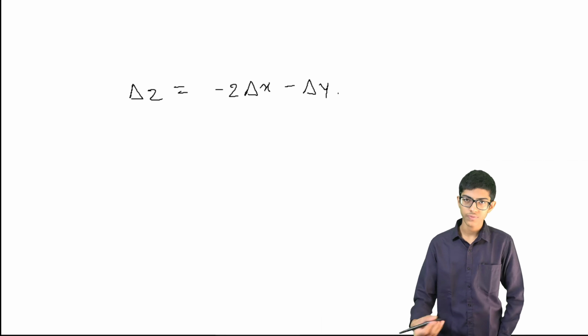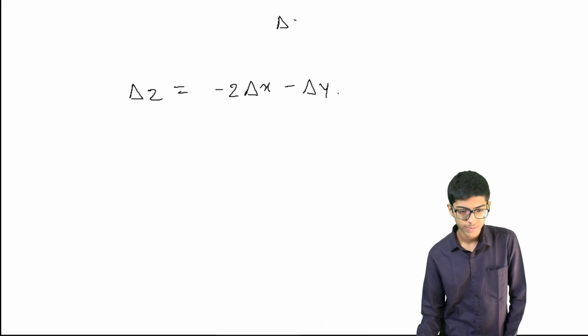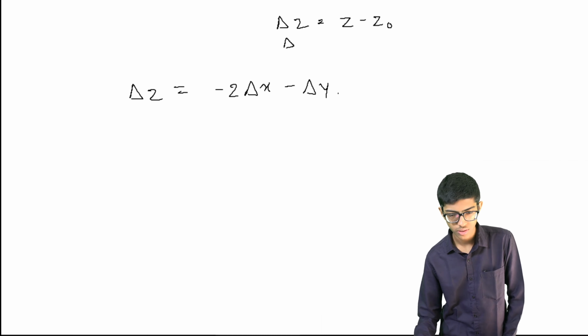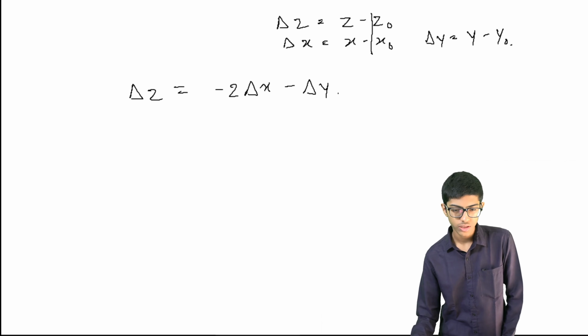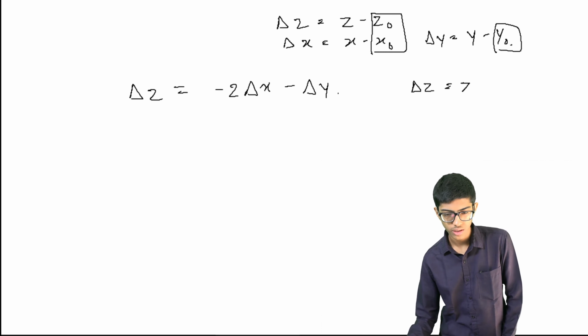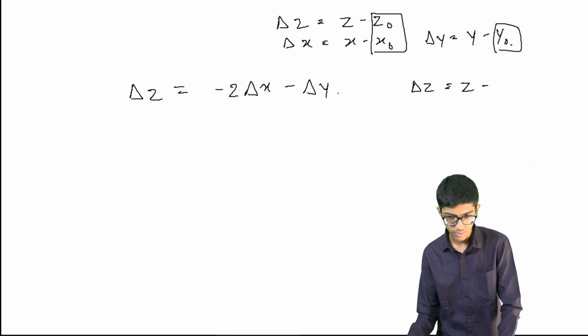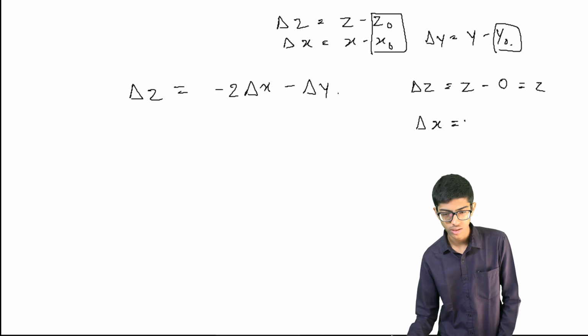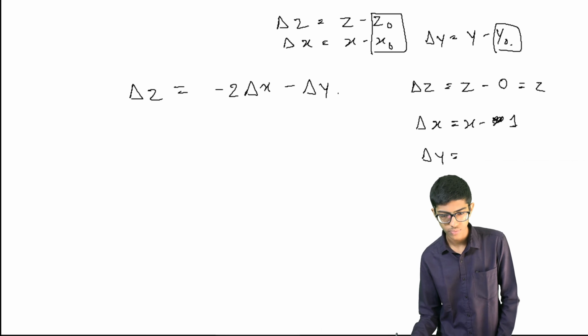Now, as we do in a two-dimensional plane, we have delta z equals z minus z naught, delta x equals x minus x naught, and delta y equals y minus y naught. Since we have been given these values, we have delta z equals z minus 0 equals z, delta x equals x minus 1, and delta y equals y minus 0, which is y.